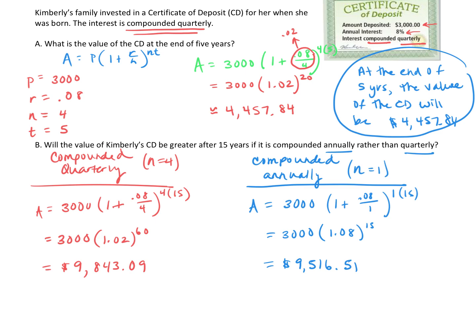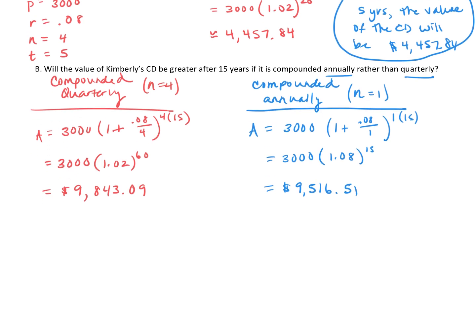If we're compounding more often, so 4 times in a year, she has more money. She has $9,843. If she's compounding once a year, she has a little bit less money. Now, if we put more money into the CD or we compounded for more years, or if we compounded more than 4 times in a year, all of these things would increase the value of the CD.